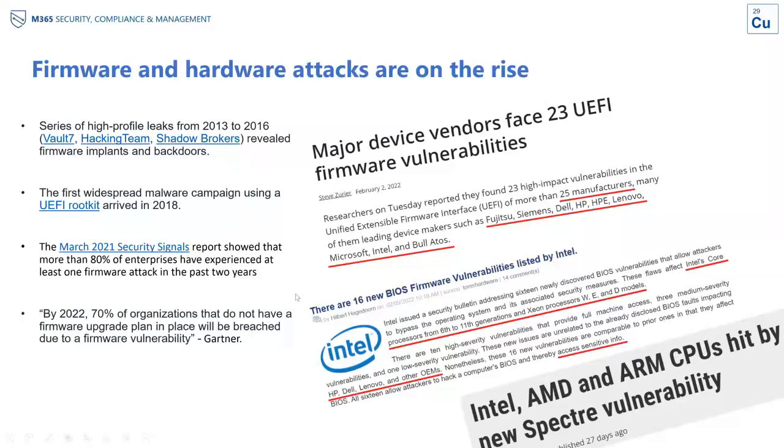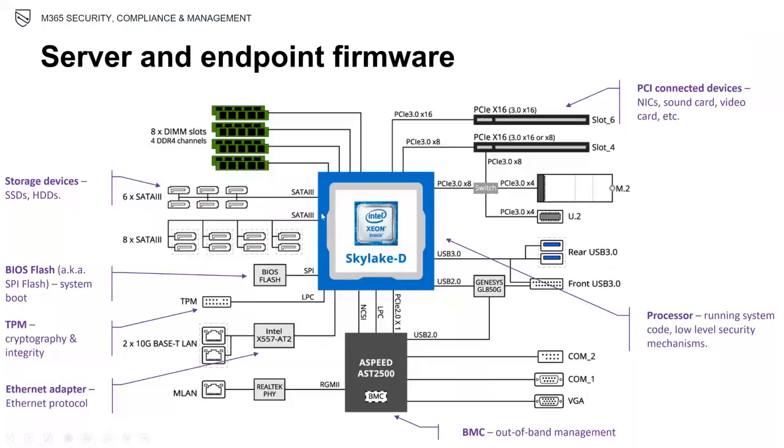So to clarify what we mean by hardware and firmware, we are focusing on servers and endpoints, so laptops and desktops, and the hardware components and firmware that is present on the baseboards, either on the baseboard or external components like network cards that can be plugged in.